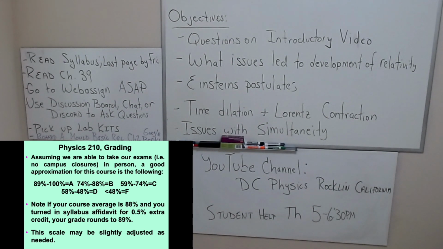If exams have to be done online for some reason, closure because of fires or whatever, this might have to be modified some. By the way, the online exams are usually a little bit longer. The in-class exams are an hour and 20 minutes, like you would normally get. All right, so this would be my grading scale.